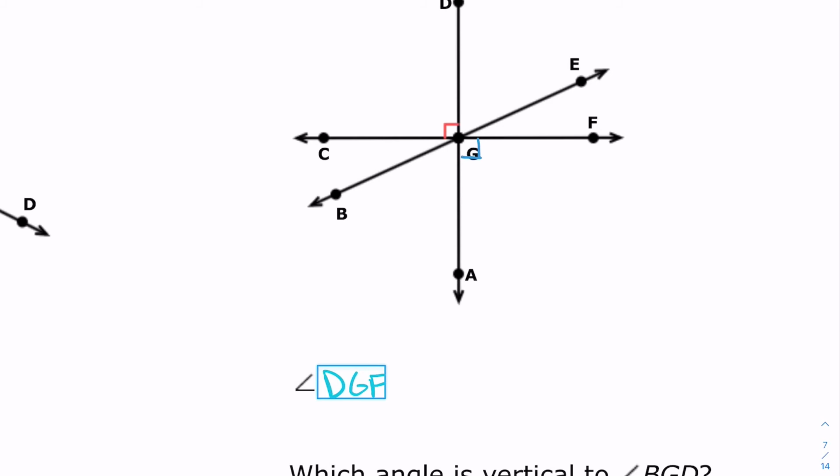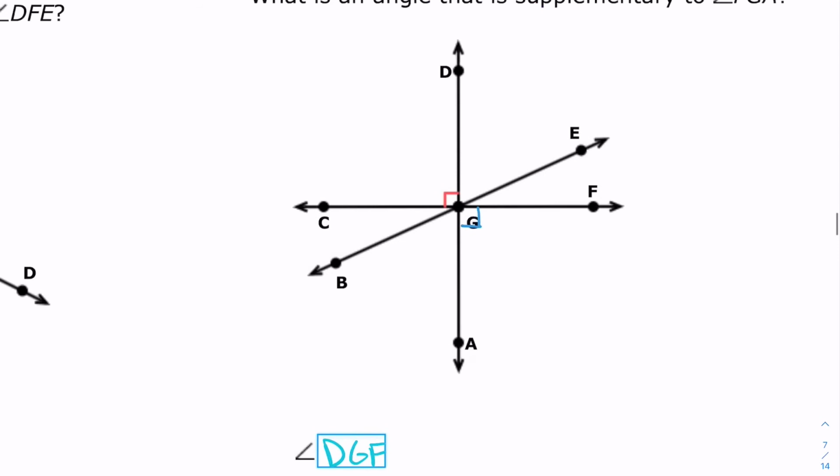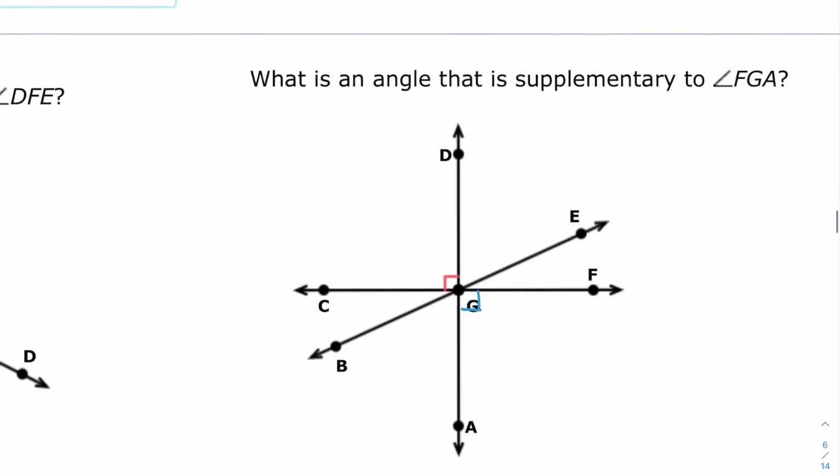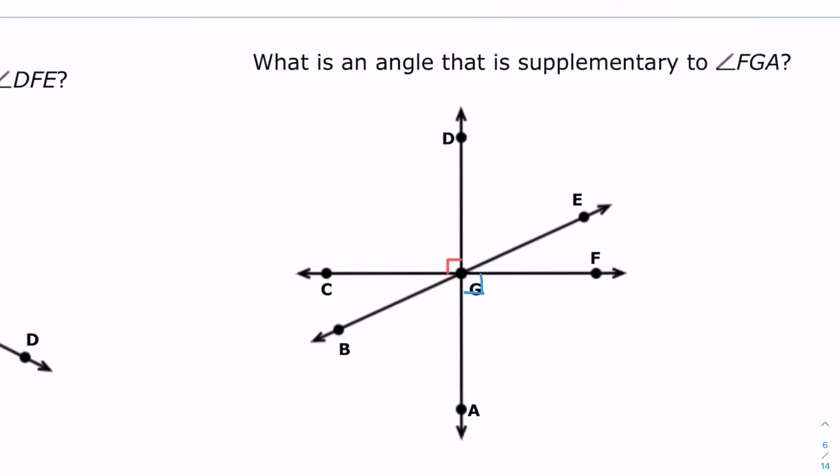Now you're gonna say, Mr. Wright, didn't you just pick three angles? No, no, no. DGE is an angle, EGF is an angle, but I'm not saying all three of them. I'm just saying this whole angle DGF is the one that I want to use. So DGF and FGA are supplementary.